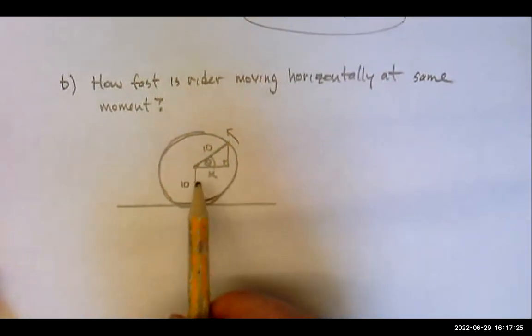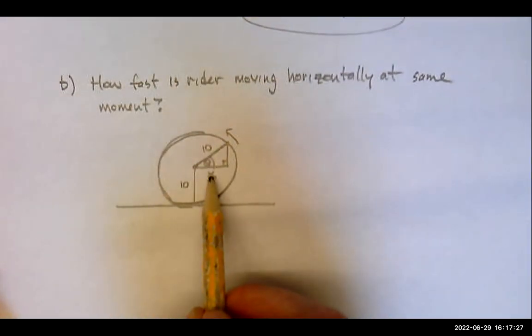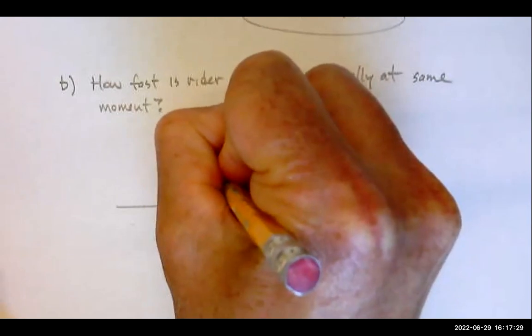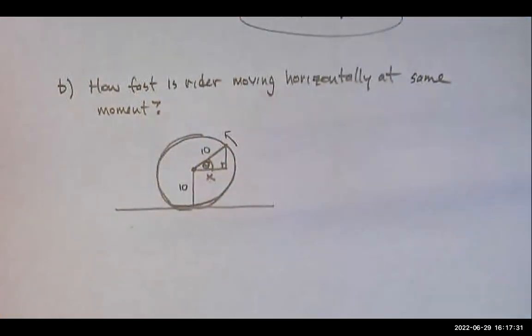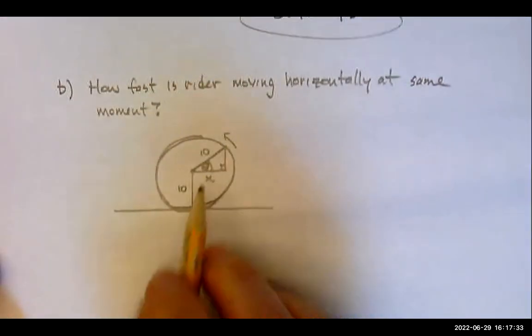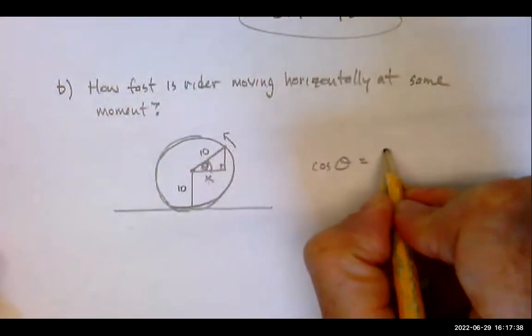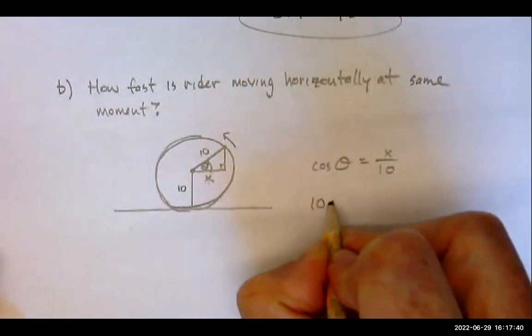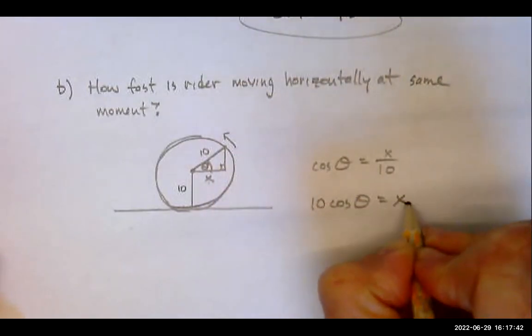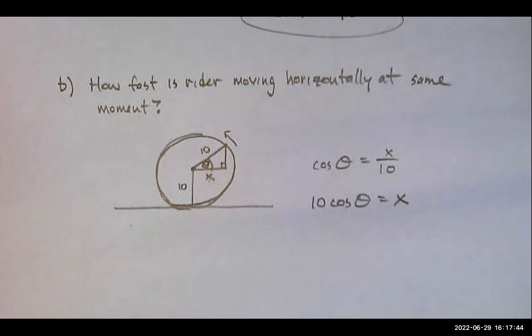So let's see, how can we connect theta and x and even the 10 here in an equation? Well, we'll use cosine of theta, adjacent over hypotenuse, x over 10, and maybe we'll say 10 cos theta equals x. Make it a little bit easier for our derivative.